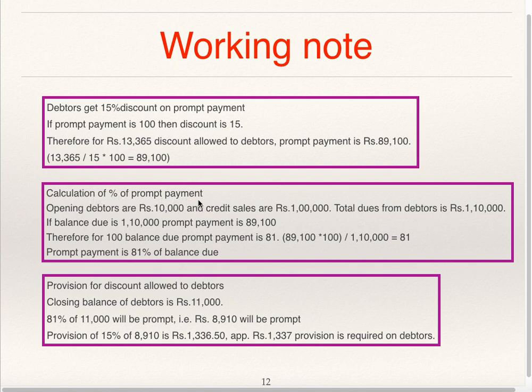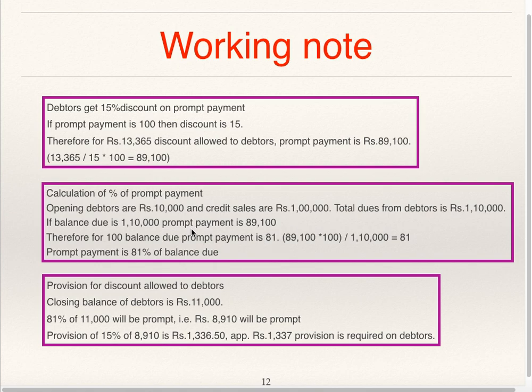Calculation of percentage of prompt payment. Opening debtors are rupees 10,000. Credit sales are rupees 1 lakh. Total amount due from debtors is 1,10,000. Out of this total dues, 89,100 is prompt. Therefore, when 100 is balance due, prompt payment is 81.